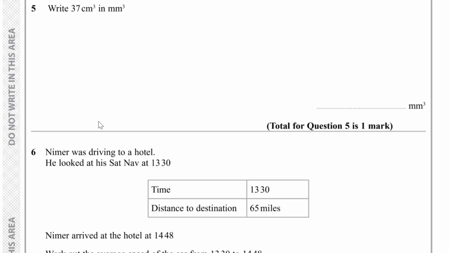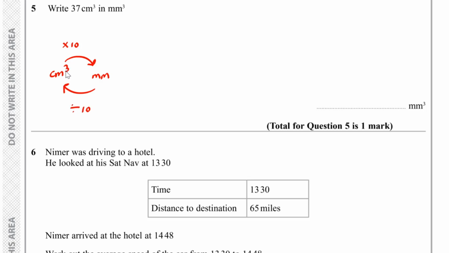Question 5, we have to write 37 centimeters cubed in millimeters cubed. So to do this, well, what we need to recognize here, to go from centimeters to millimeters, we would have to multiply by 10, and to go from millimeters to centimeters, we have to divide by 10.